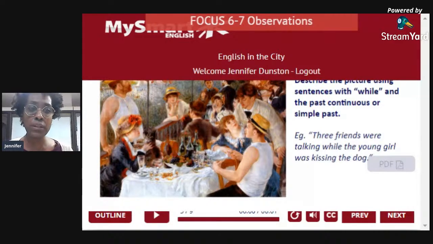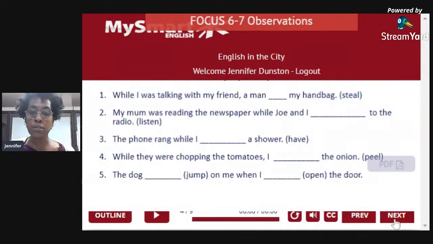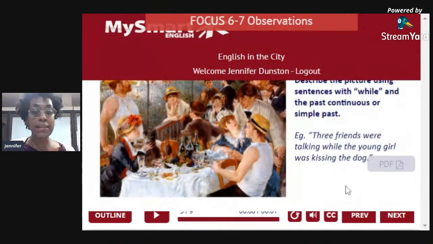Let's take a few moments and observe this picture once again. Can we come up with any other phrases that describe this painting? No, I don't want to get rid of it. Hang on just a moment. I'm going to keep the painting up.